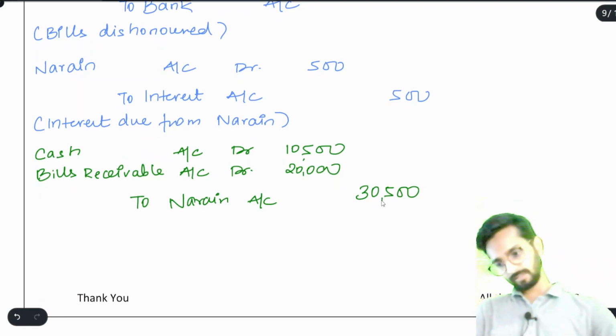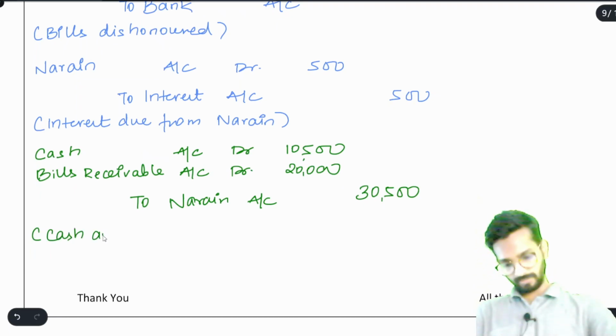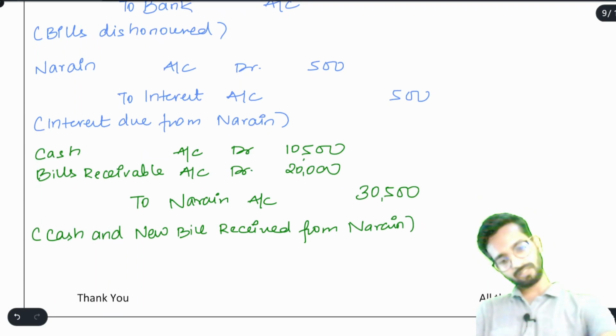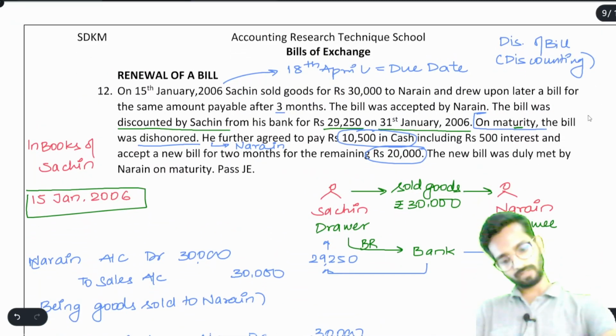Very simple. The narration is: cash and new bill received from Narayan. This is how the entire journey of a renewal of bill works.